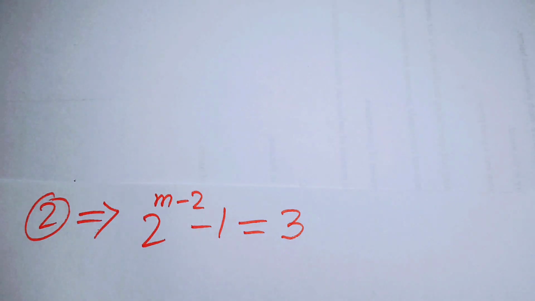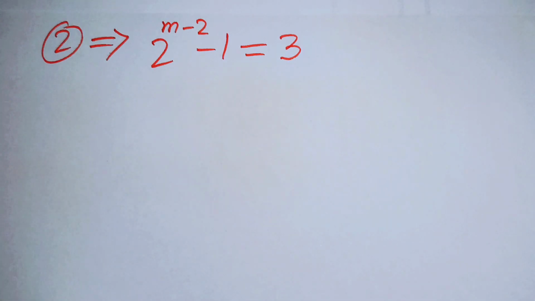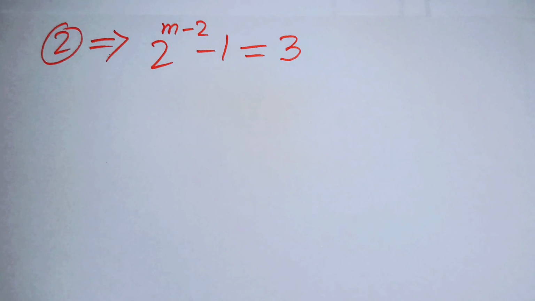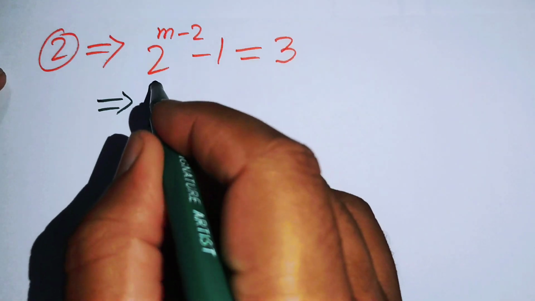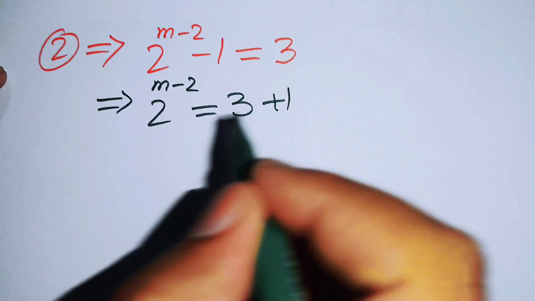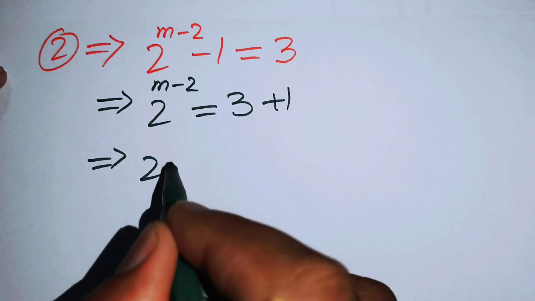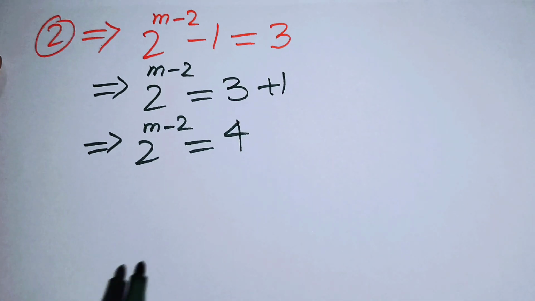Now we solve this equation and find the value of m. We move this minus 1 to the right hand side, and you get 2 to the power of m minus 2 is equal to 3 plus 1, and here you get 2 to the power of m minus 2 is equal to 4.